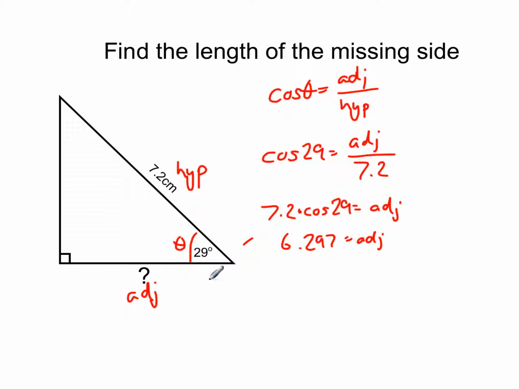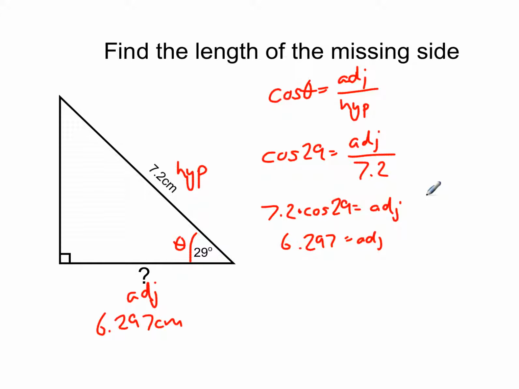This means that our unknown, our adjacent side here, has a length of 6.297 centimeters, in this case, was the unit. So that's the extra mental step we have to put in: just decide which trigonometric ratio to use.